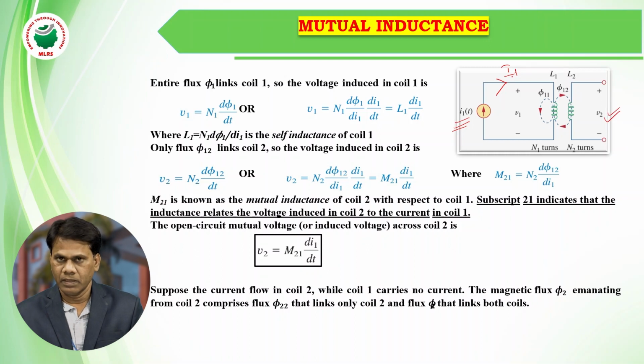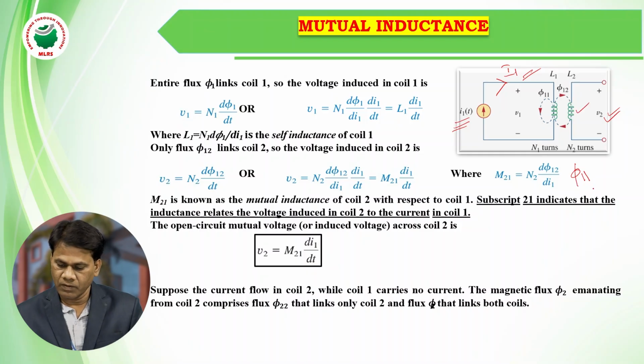Whenever current passes through the first coil, magnetic flux is produced. The flux produced by coil 1 is phi 11. This is the flux due to the current flowing in the same coil, linking with the first coil. Some of the flux produced by the current I1 is also linked with the secondary coil, coil 2.